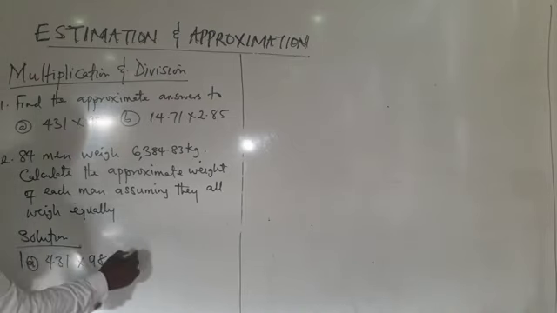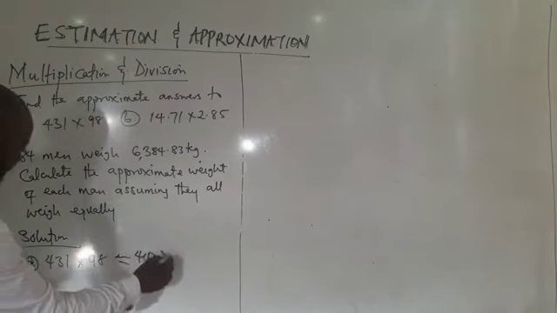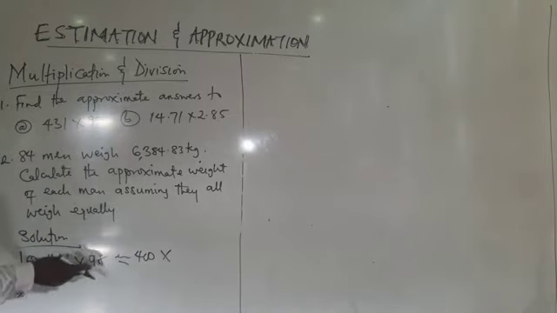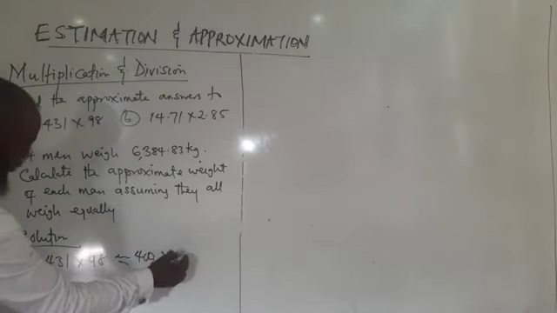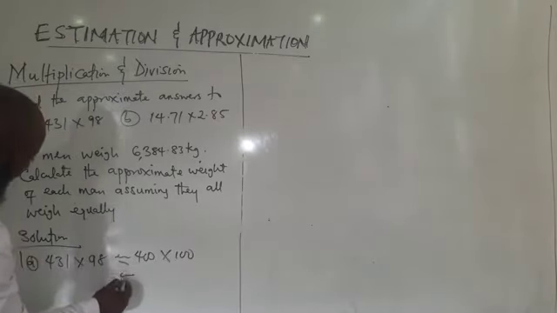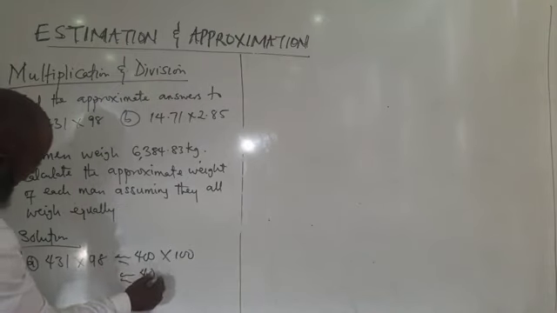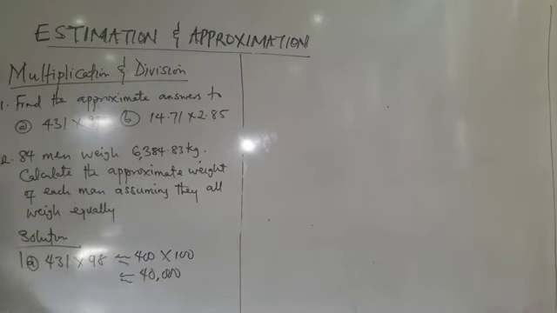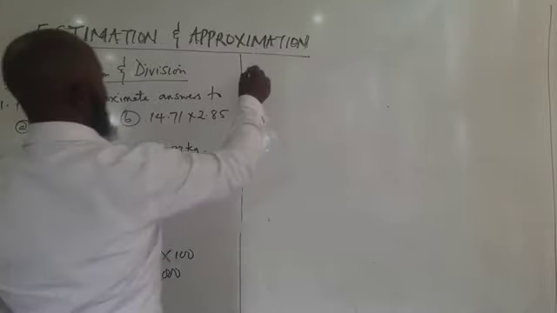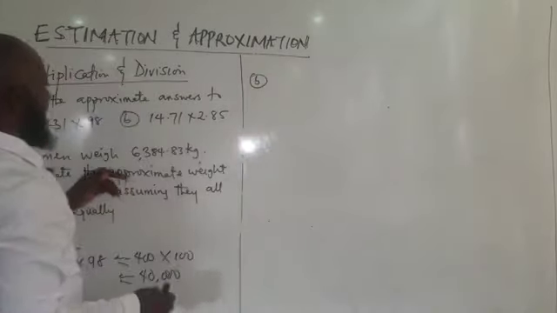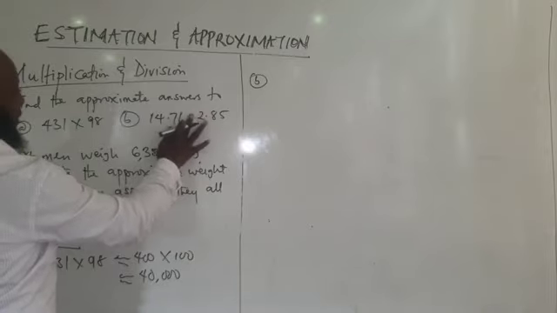That will give us 400 multiplied by 100. So this will give us 40,000. I hope that is clear. That is A. Then for B, this is division, sorry.